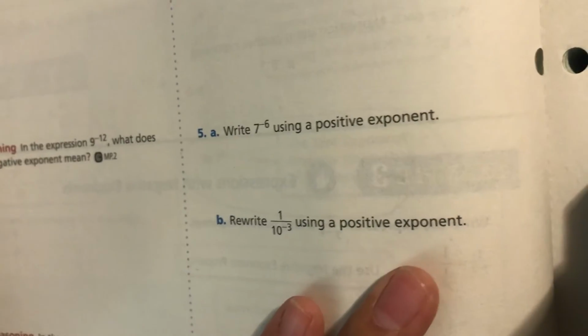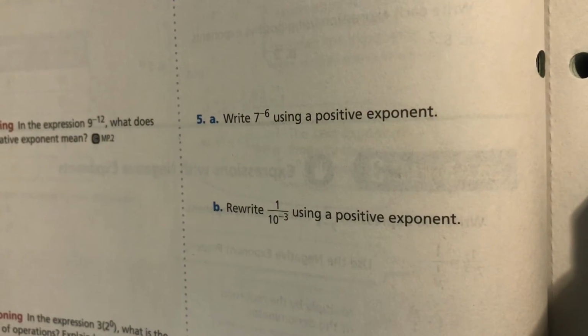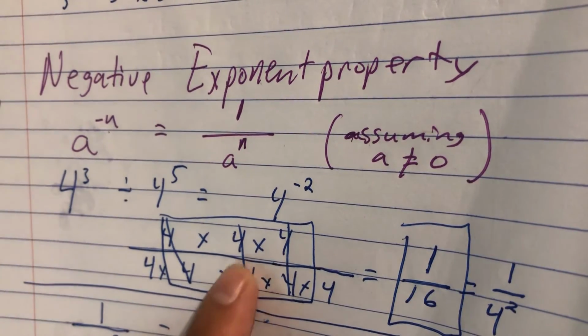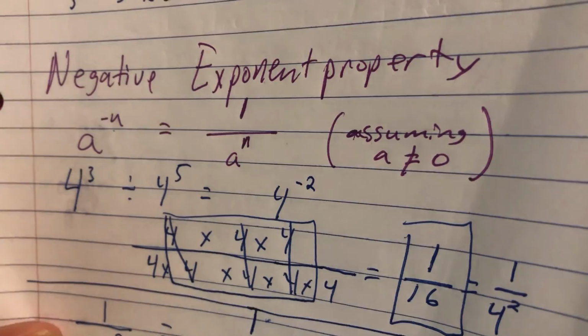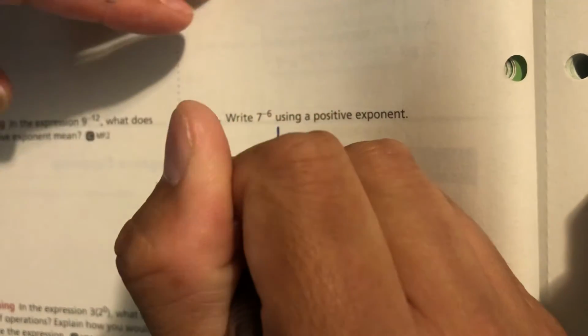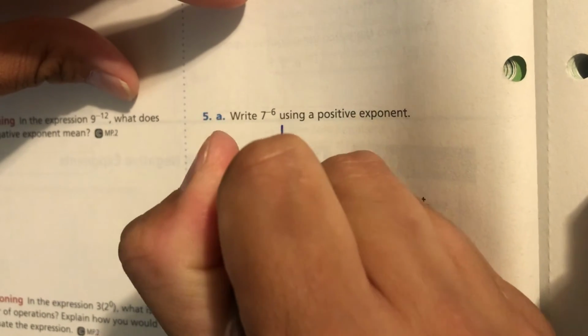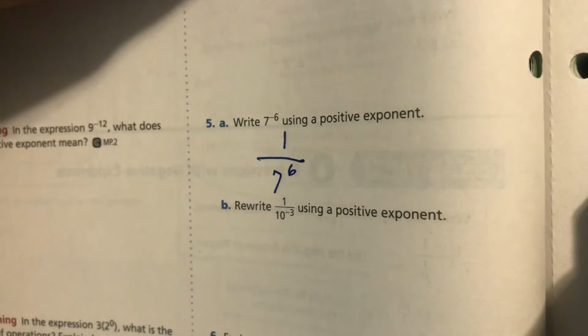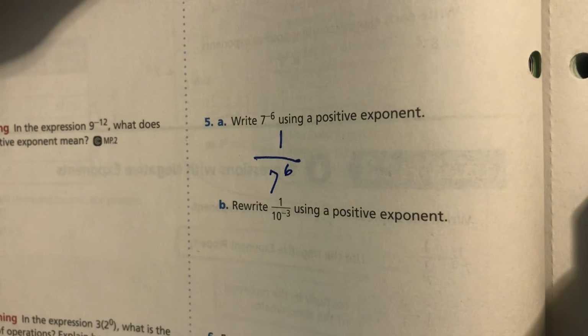If you remember, you can take that negative exponent property and change it around. That's 1 over 7 to the 6th.